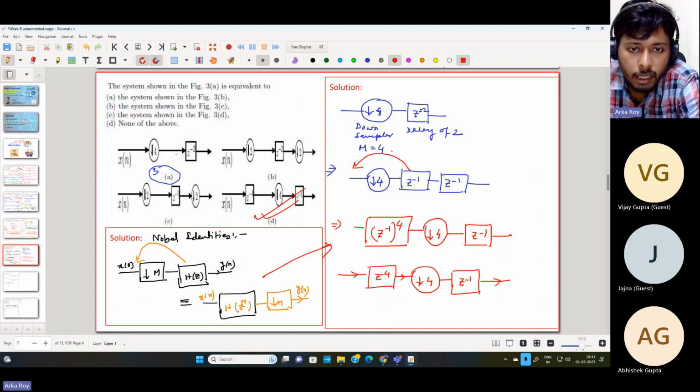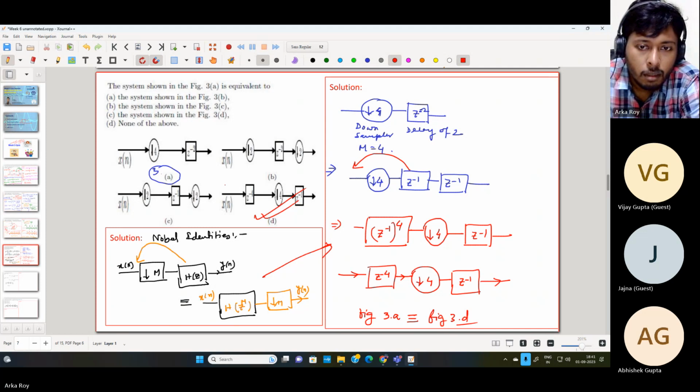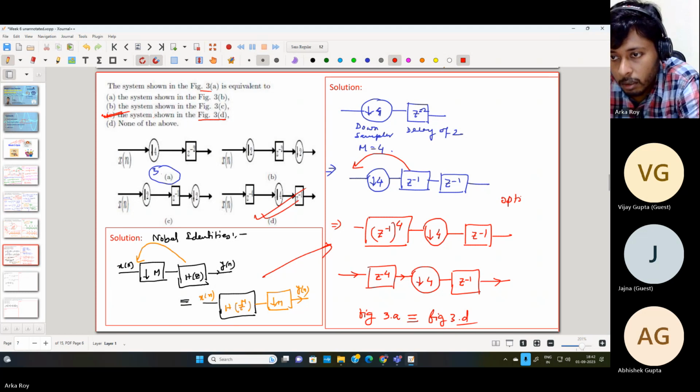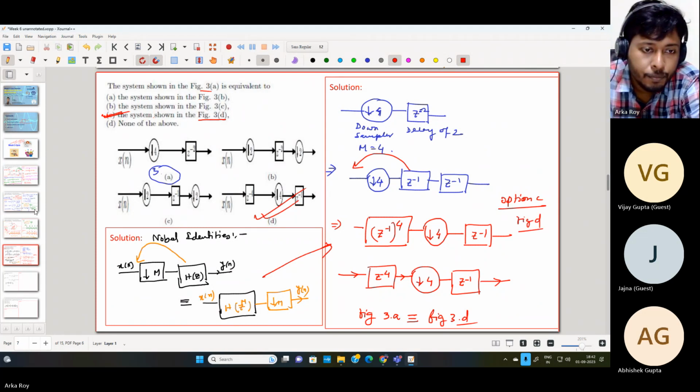So figure 3A is equivalent to figure 3D. So apparently it will be option C, because the system shown in figure 3 is equivalent to the system shown in figure 3D. So your option will be C, option C, figure D.